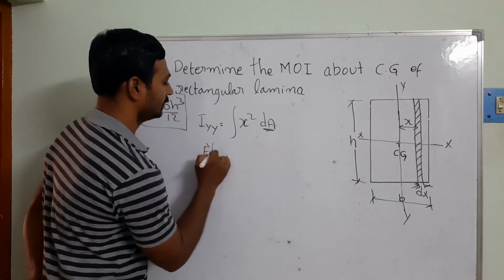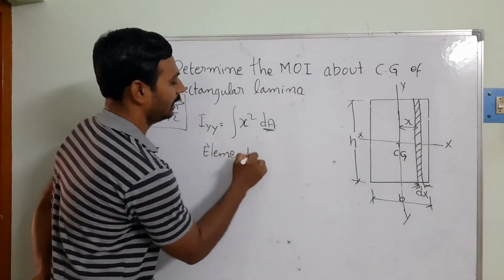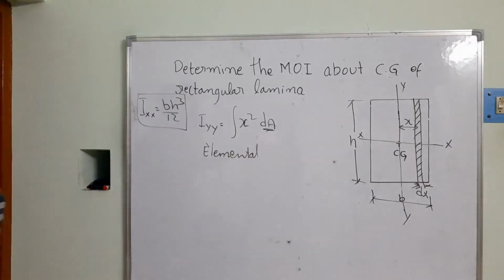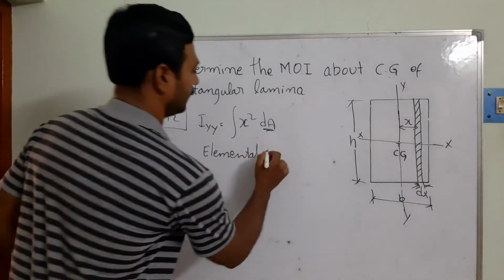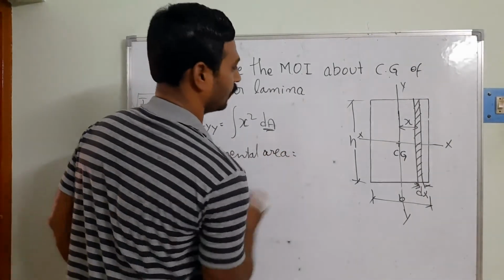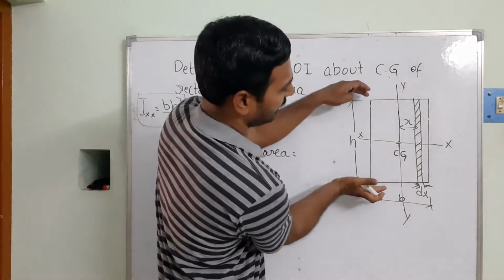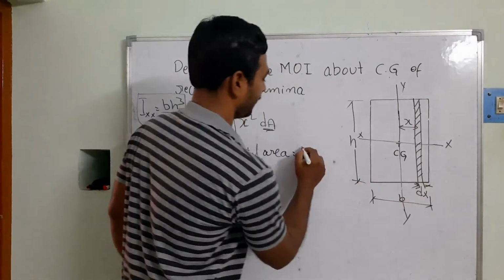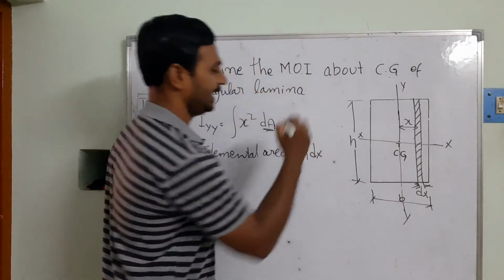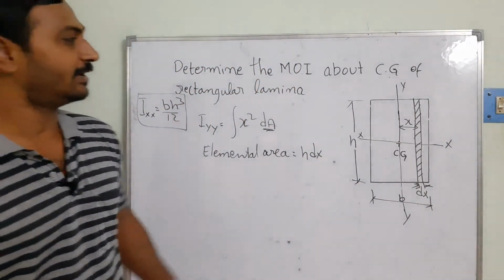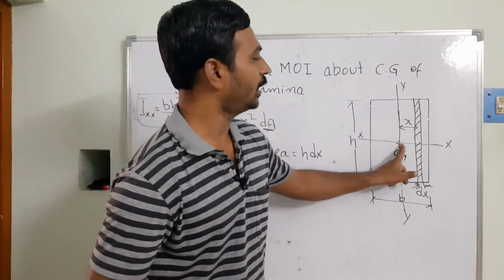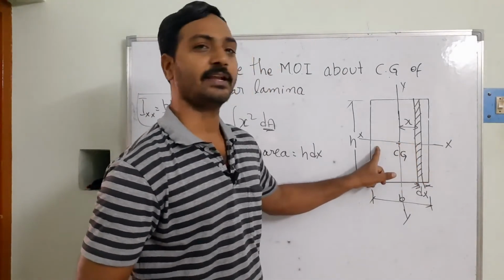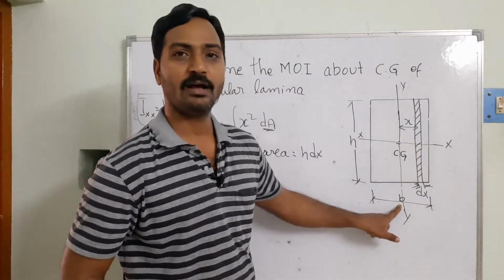So that elemental area is equal to, in this case it is spread along the length direction, and this is the dx, so I am taking h into dx. Can you see here, the x is moving from the centroid towards the right side and towards the left side. It means that we are using the b coordinates here.